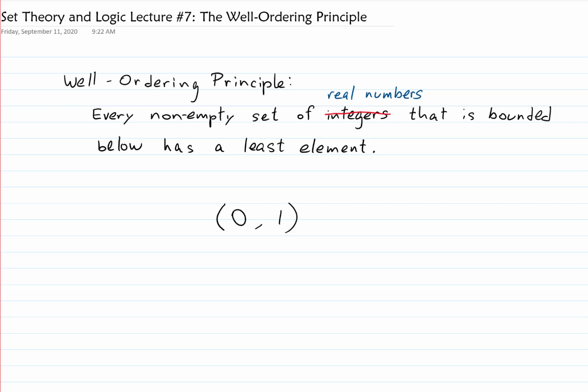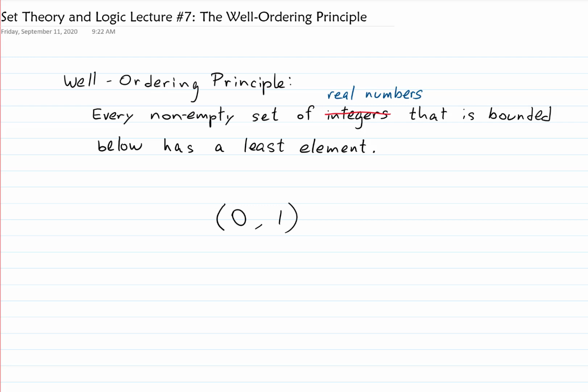That's non-empty, and it's a set of real numbers, and it's bounded below because everything in there is greater than 0. But it does not have a least element, because no matter what number you pick in that interval, I can always find a smaller number. Okay? If you don't believe me, then you can email me what you think is the smallest number in that interval, and I will very easily email you back a smaller number that's also in that interval.